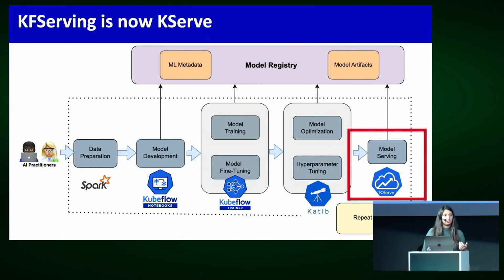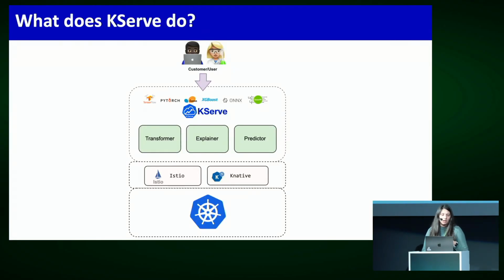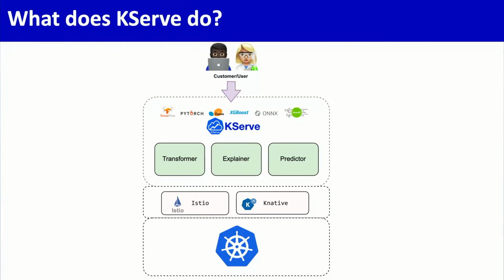For this reason, KF Serving was created as part of the Kubeflow project and was later renamed to KServe to reflect its broader scope beyond the Kubeflow ecosystem. KServe is a tool for automated deployment of machine learning models in Kubernetes.